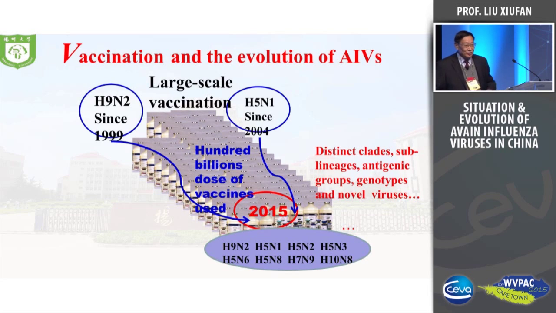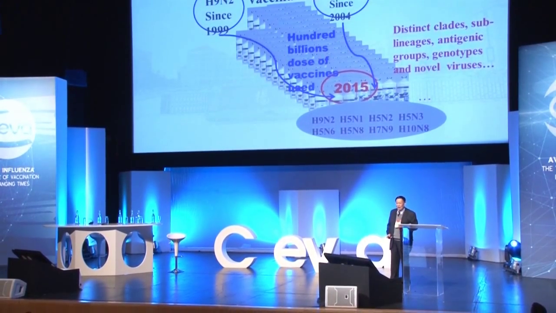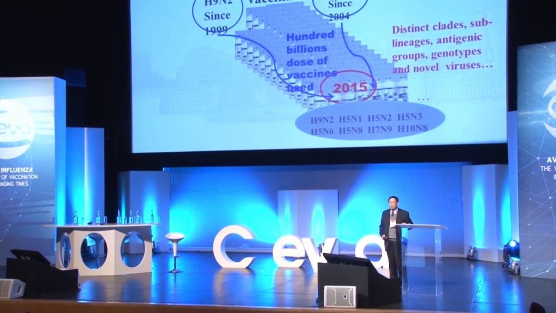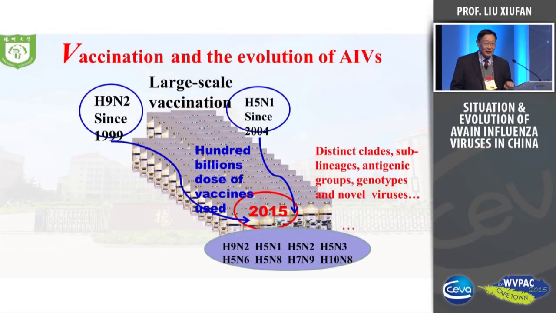Here, this slide shows you the vaccination and the evolution of AIV. In China, we have a large-scale vaccination program for H9N2 since 1999. We have for H5N1 since 2004.